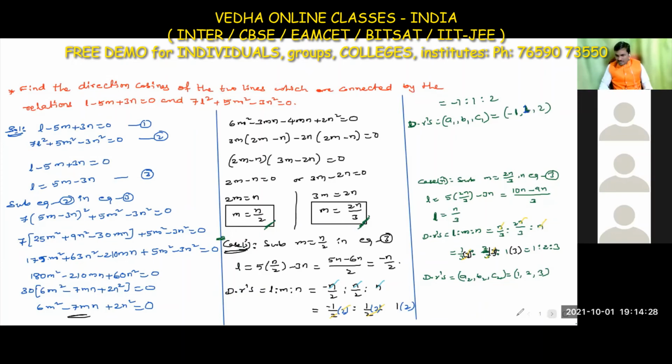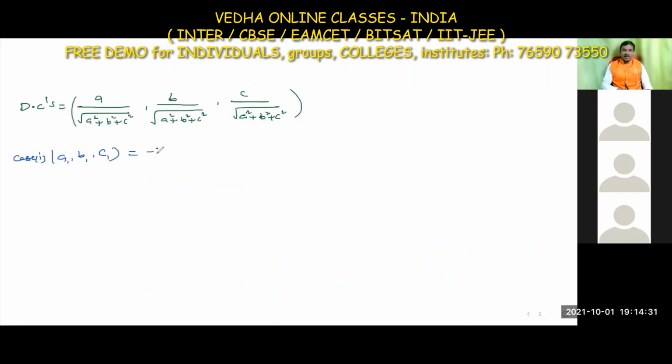Now find the value of A1 square plus B1 square plus C1 square. That means minus 1 whole square plus 1 square plus 2 square, which is 1 plus 1 plus 4, so this means root 6.